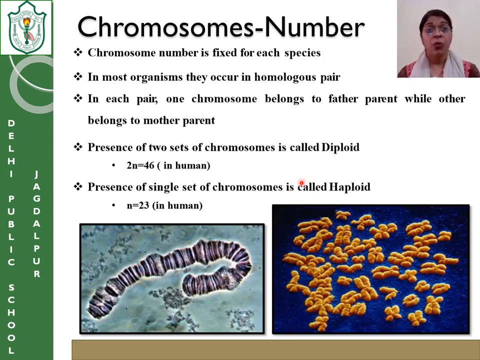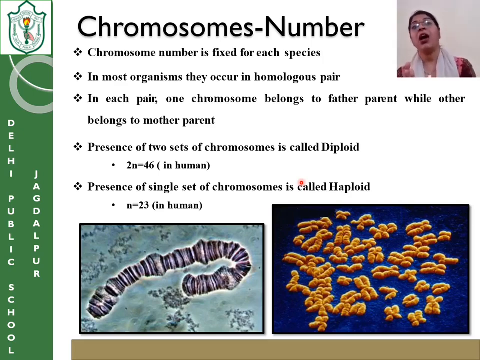Then what happens? Some of the information present on the RNA has to be transferred to the DNA. First is DNA replication, and after the DNA replication, the genetic information which is present on the RNA has to be transferred into DNA, which is included in transcription. So transcription is divided into two parts. First is DNA replication: DNA makes a copy of itself.